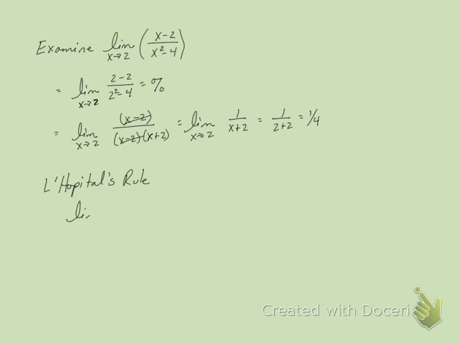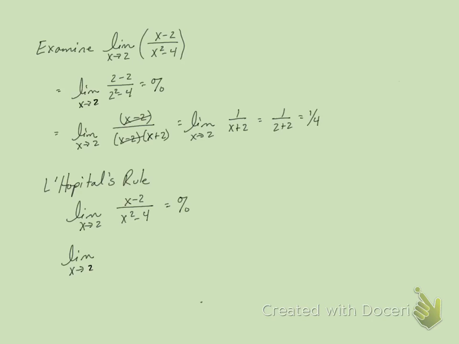So again, I'm going to start with the same problem. With L'Hopital's, we always want to make sure that we are getting that indeterminate form, and as you can see above, we get 0 over 0. L'Hopital's says that we can take the derivative of the numerator and the denominator and evaluate the same limit.